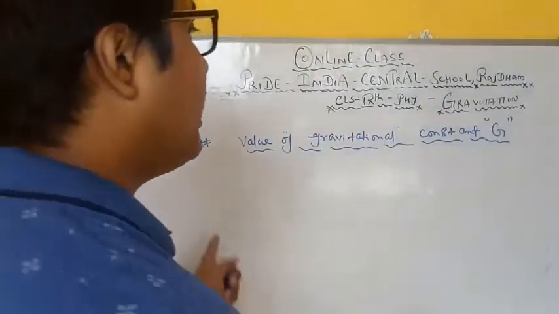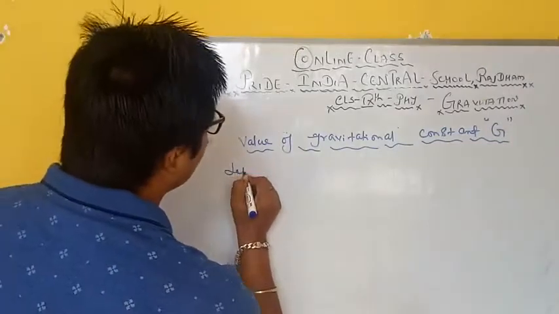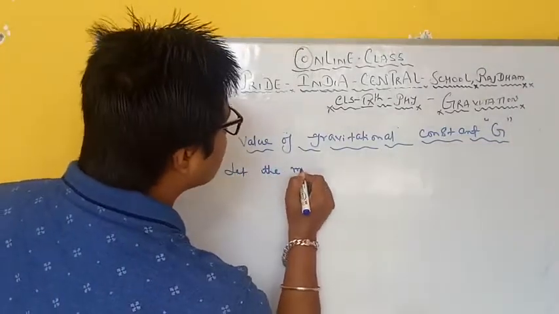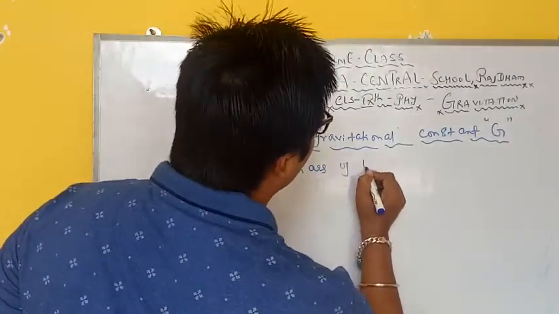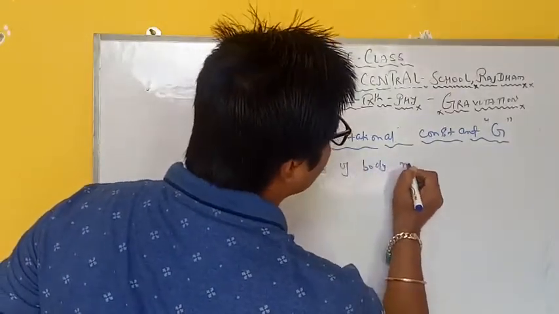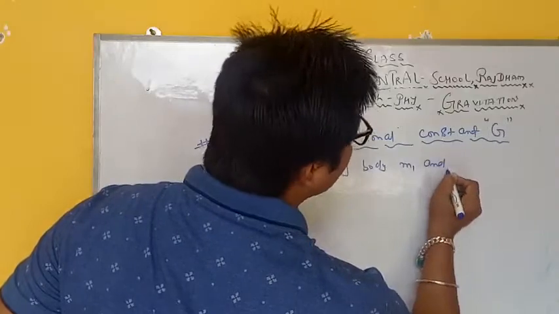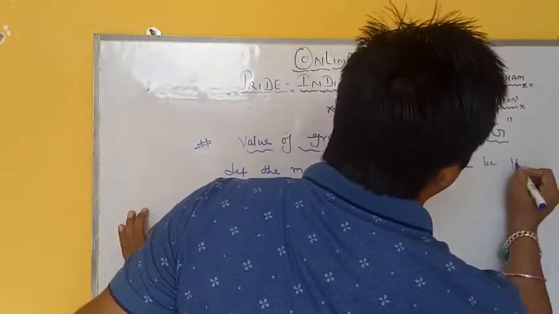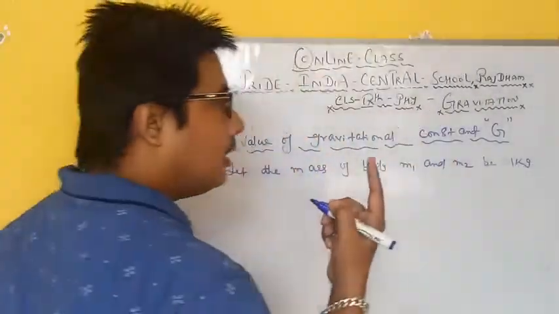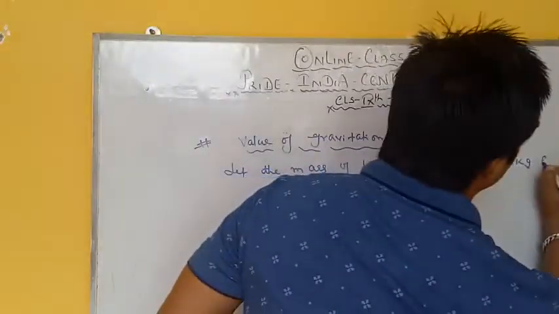Okay, so let the mass of body m1 and body m2 be 1 kg each.